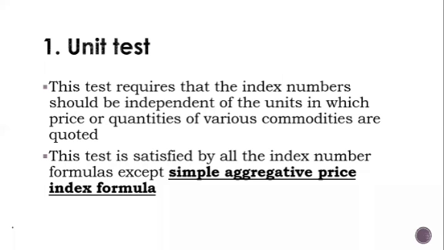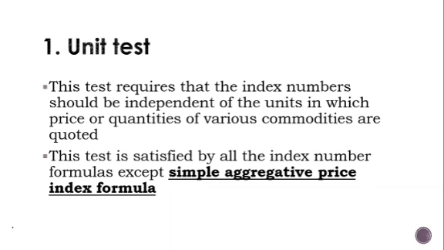You have already learned what the unit test is. It is nothing but that each index number is given independent of the units. All units of each method and the index number should be independent. This is for prices as well as the quantities of the various commodities.